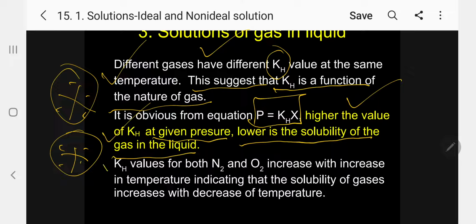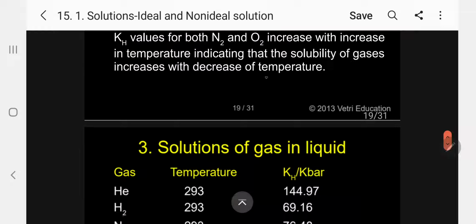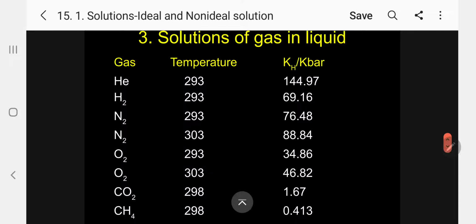For example, KH values for both nitrogen and oxygen increase with increase in temperature, indicating that solubility of gases decreases with increase in temperature. Here I have given gas, temperature and KH value in terms of bar.